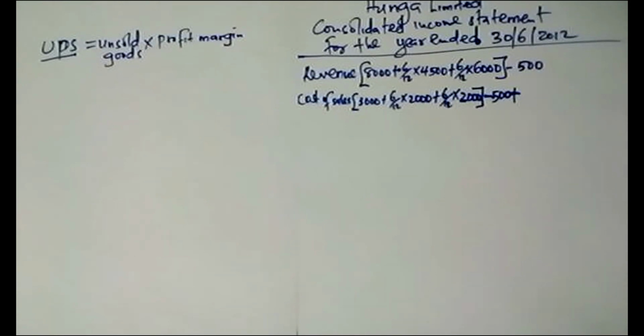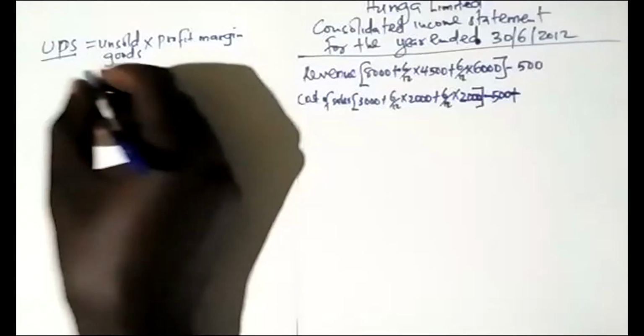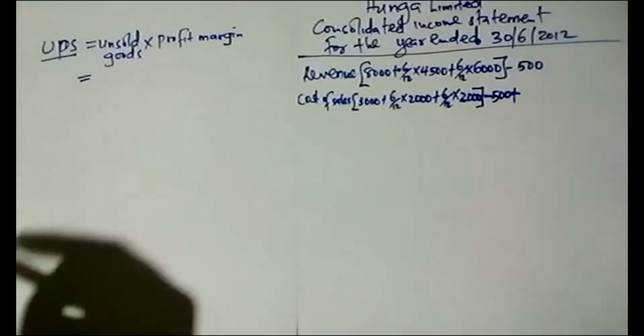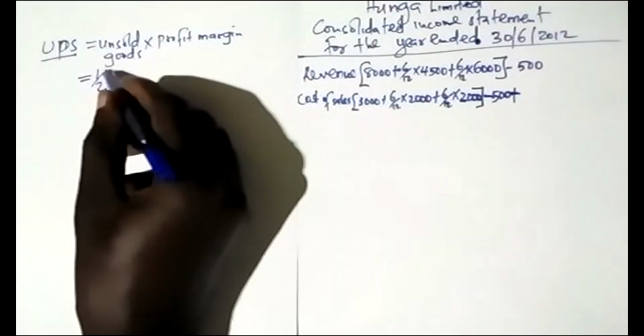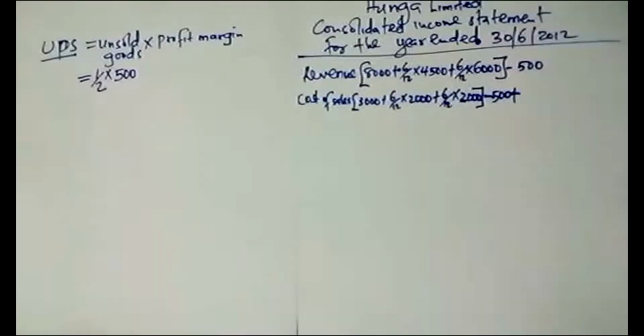I think that one we read early enough. So you can check note 3, of which the unsold goods were half of the 500. A half of 500, that is the unsold goods.